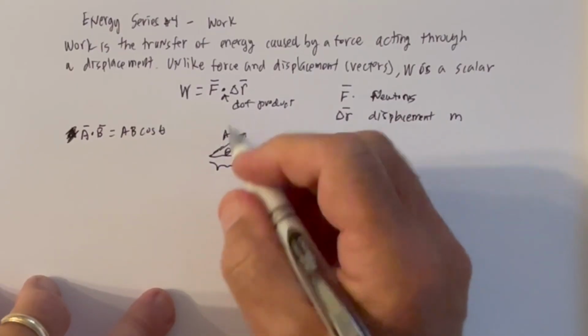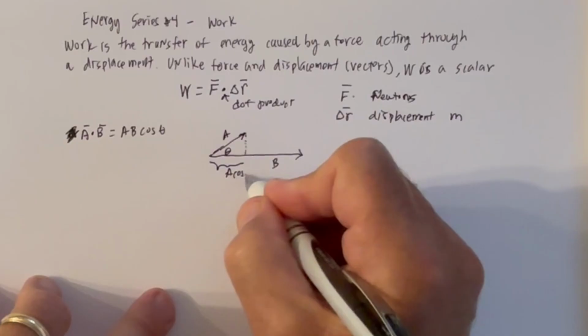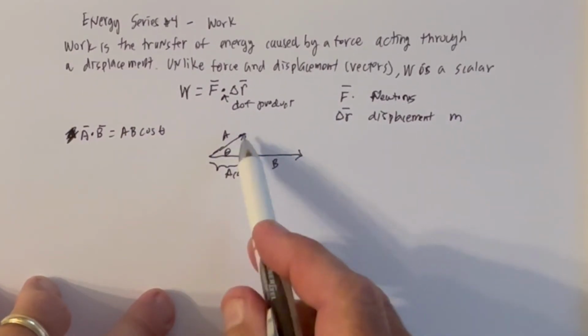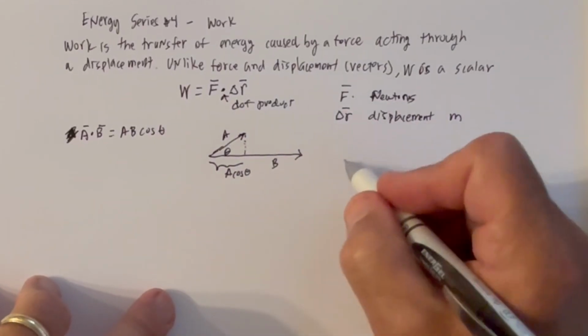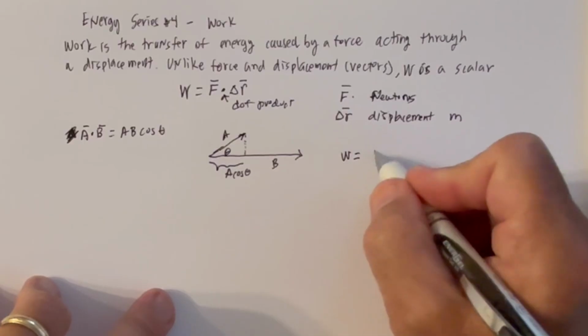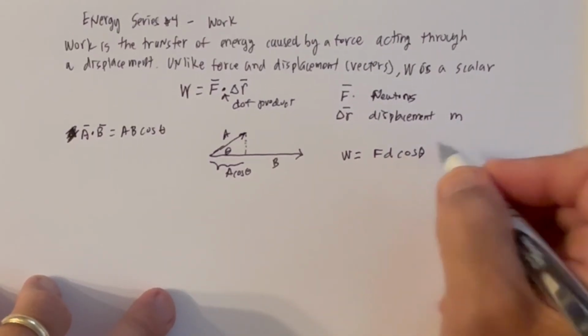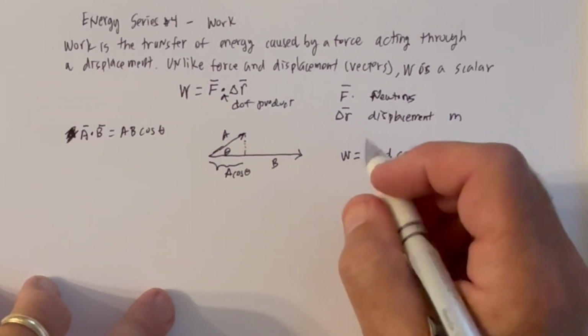This distance right here is going to be A cosine theta. So that's a projection of vector A onto B. So that allows us to write this equation that the work now is equal to the force times the displacement times the cosine of angle theta, where theta, well, let's just define all these.